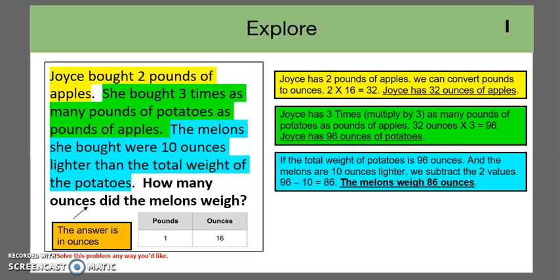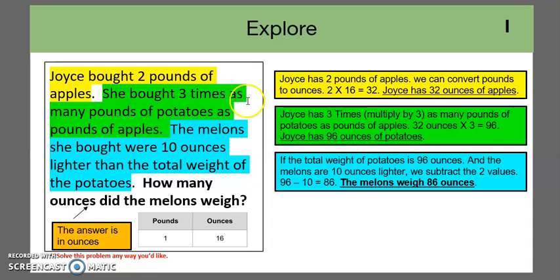So here we notice that we have a conversion table of 1 pound equals 16 ounces. And what we can do is convert pounds into ounces because it tells us how many ounces does the melon weigh. So the first part is we're going to convert 2 pounds of apples into ounces, and we're going to take 2 multiplied by 16 gives us 32, and therefore we know that Joyce has 32 ounces of apples.